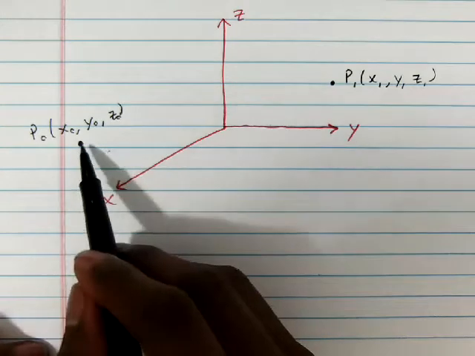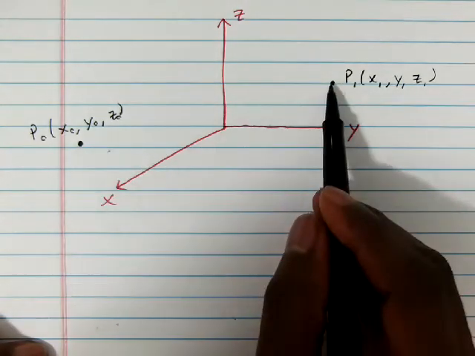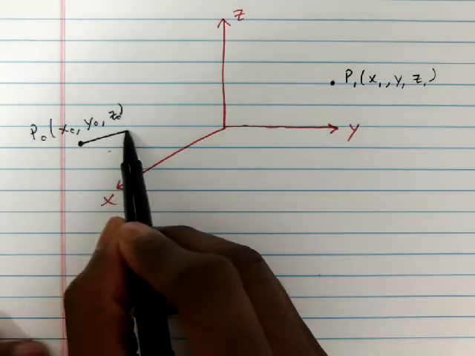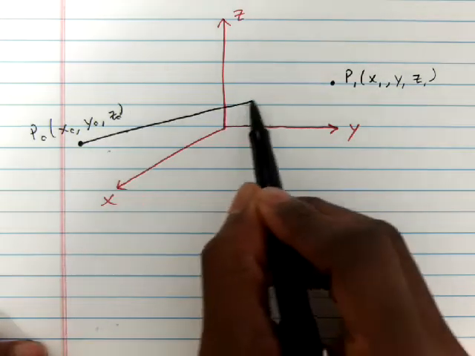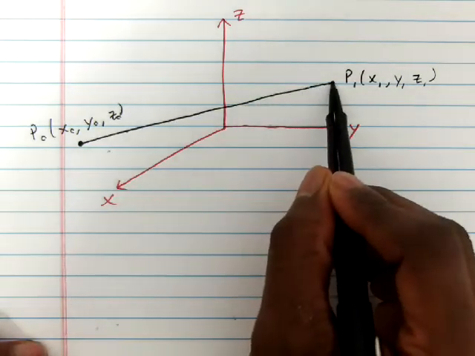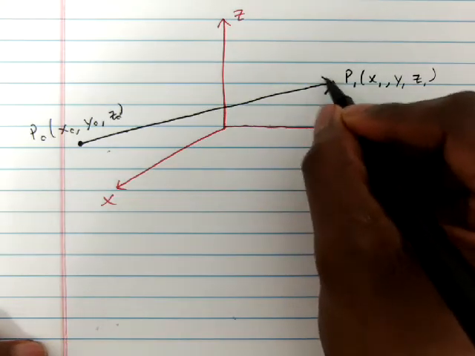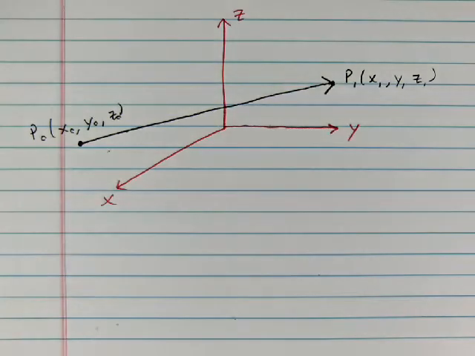P naught was our initial point. P1 was our terminal point. Remember, to visually represent this, we have a line segment between the two points, and then we put an arrow at the terminal point to indicate, if we had, say, a velocity vector, our direction of travel.